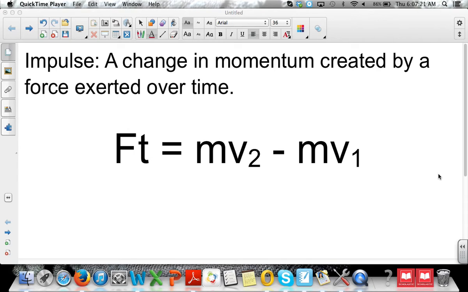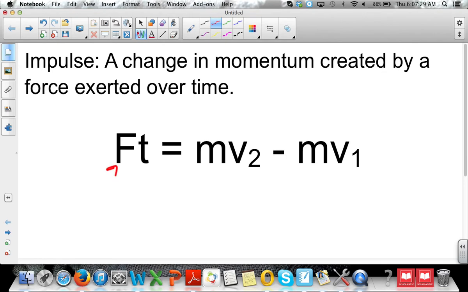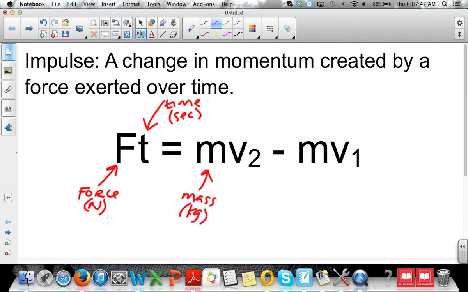So let's go through all the letters and make sure we know what they all stand for. So F is force, like always. So it's in newtons. T is time, and it is in seconds. M is mass. That's still in kilograms. That actually applies to both of these masses.